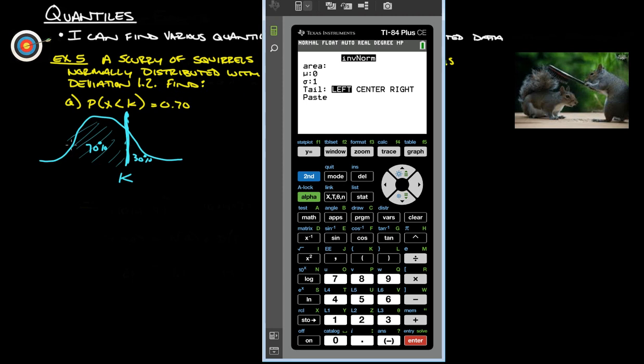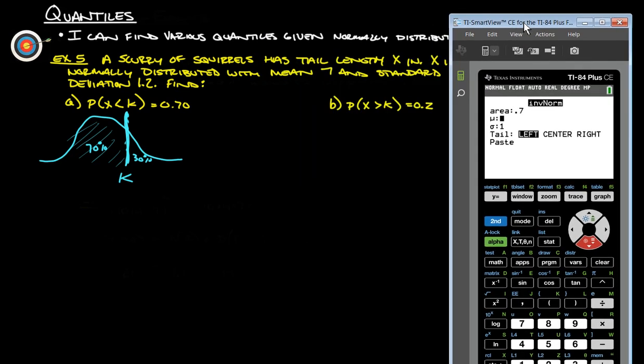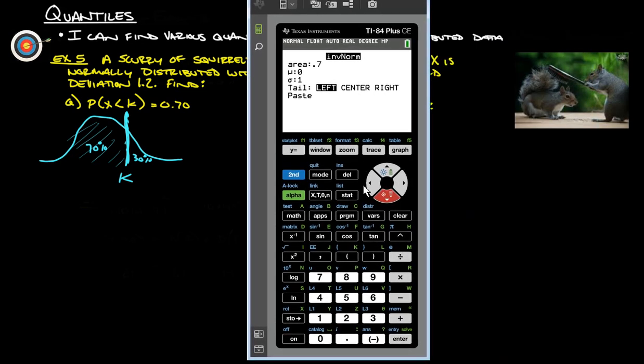The area will always find the bottom, like say 70%, and that's good because we want to find this lower 70%. So we do 0.7 for 70%. Then our mean is 7, and our standard deviation is 1.2.